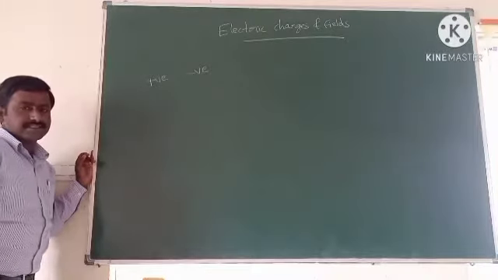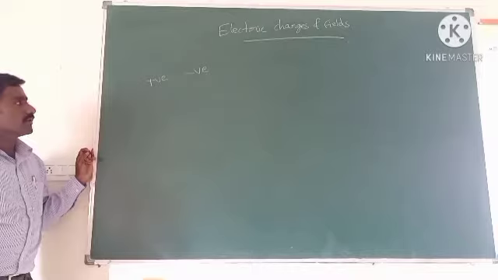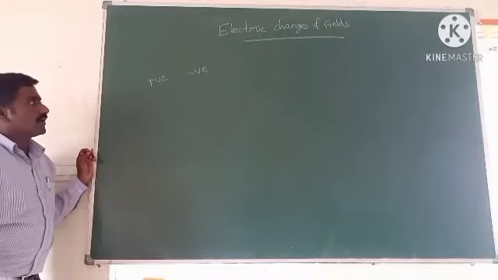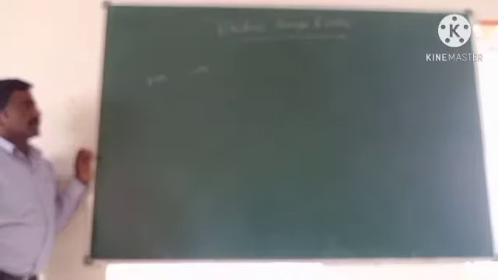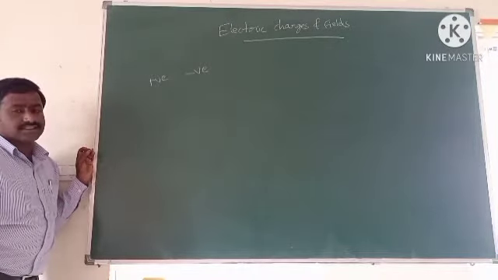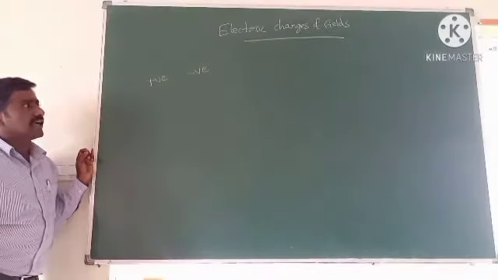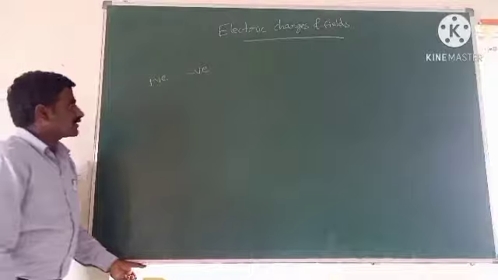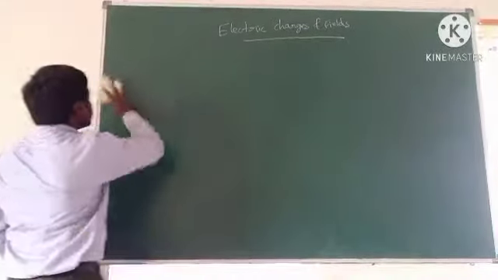Like charges repel each other, unlike charges attract each other. And we studied some fundamental properties of charge: charge is quantized, charge is conserved, and charge has additive property. So you know these things very well.